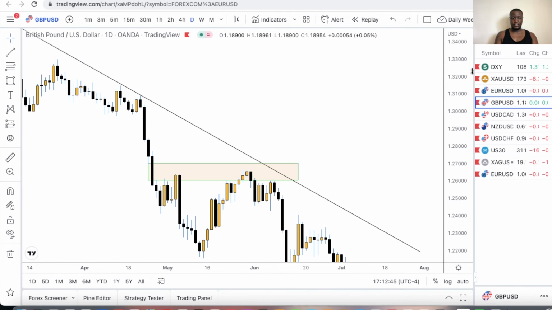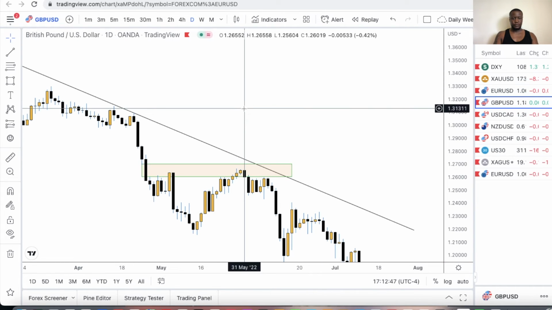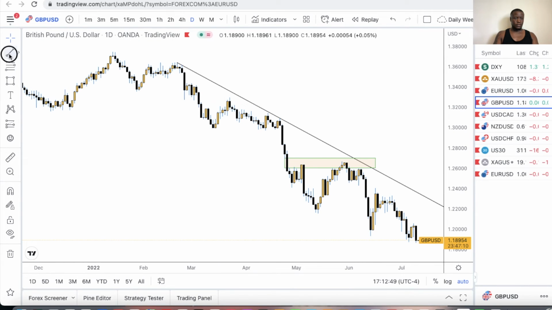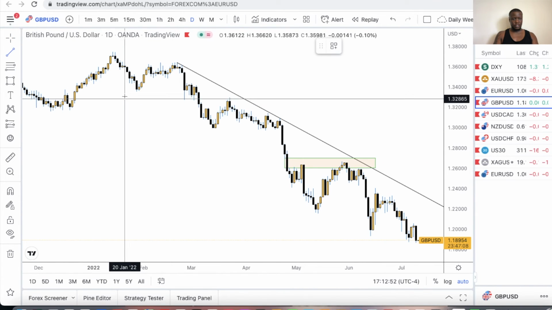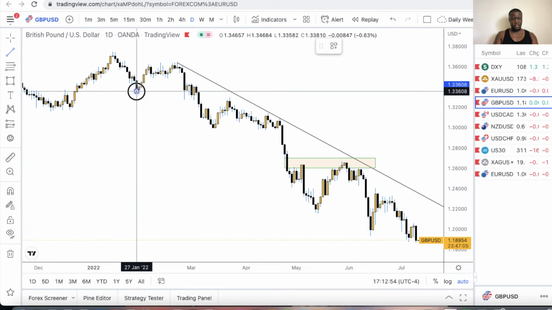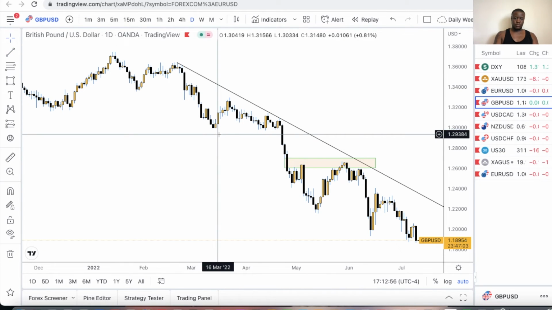All right, so that's the declining trend line. And we also got the channel right here on the other side. We could just put this trend line right here.